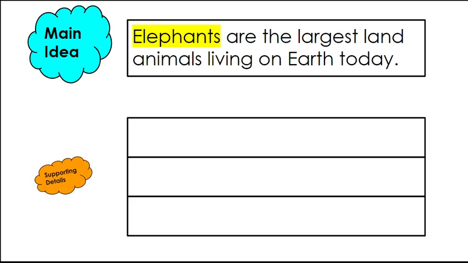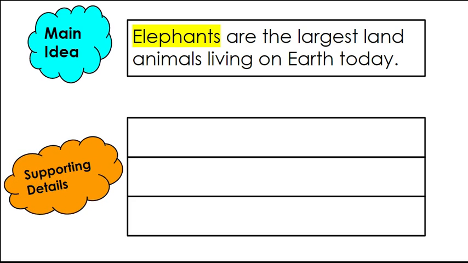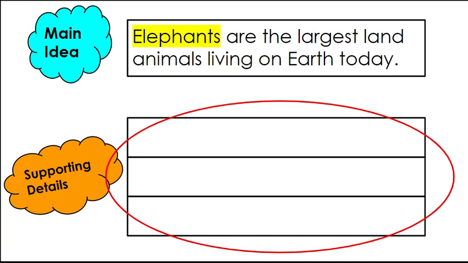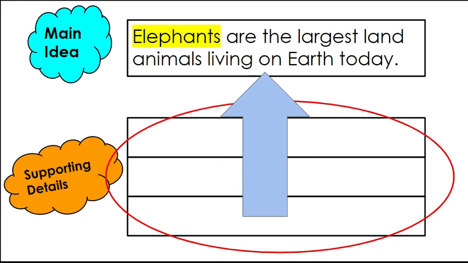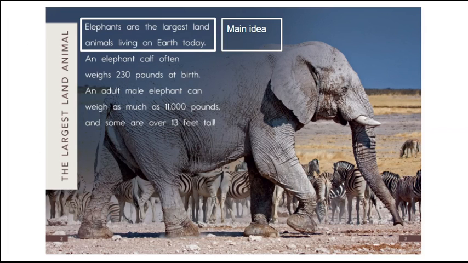Now let's go back and look for some supporting details, because the details that we find are going to support the main idea. Okay, so let's try this. If I look at the next sentence, an elephant calf often weighs 230 pounds at birth. Does that tell me that elephants are the largest land animals?